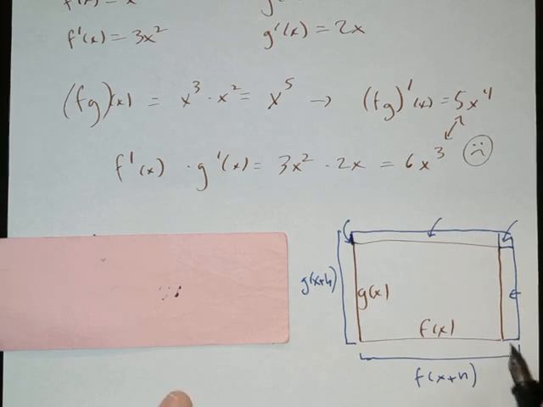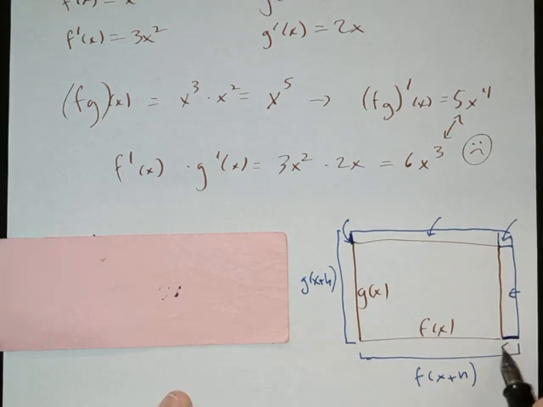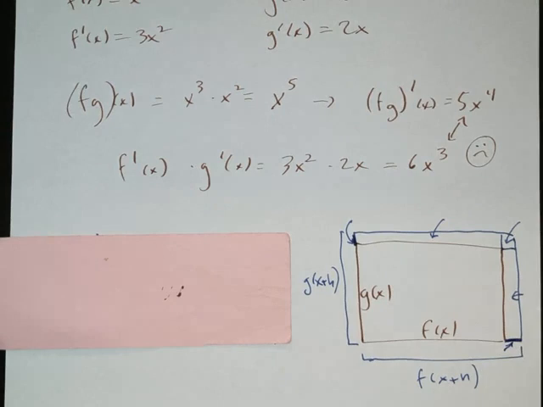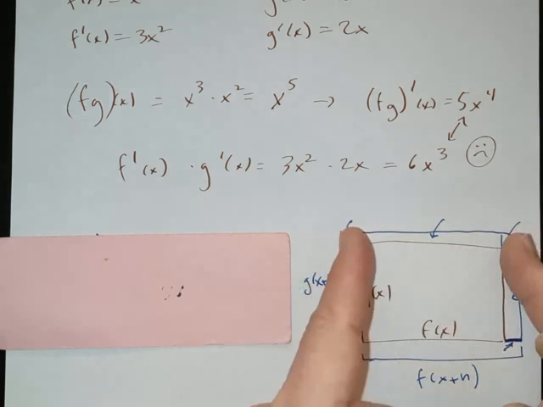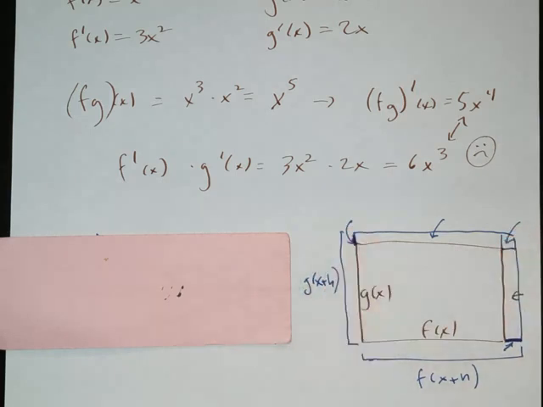And this little piece right here, that's f of x plus h minus f of x. That's just the change in f. So if I think about this upper rectangle right here, f doesn't change. Only g changes.